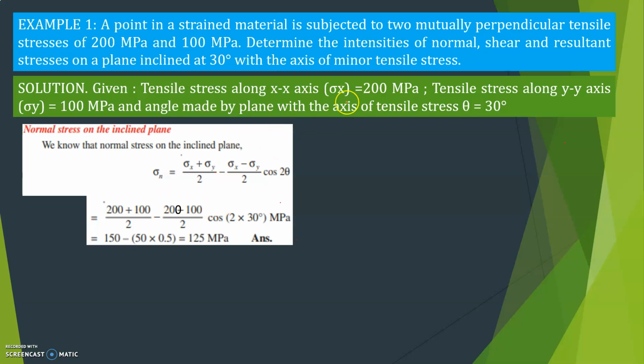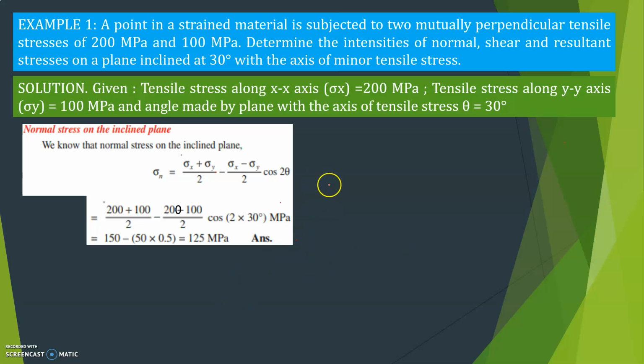Sigma x is the stress developed in the x direction, that is 200, plus sigma y is 100, divided by 2, minus 200 minus 100 divided by 2 into cos 2 theta, theta is equal to 30 degrees. Simplify this, you get sigma n is equal to 125 MPa or 125 Newton per millimeter square. Okay, this is the normal stress.